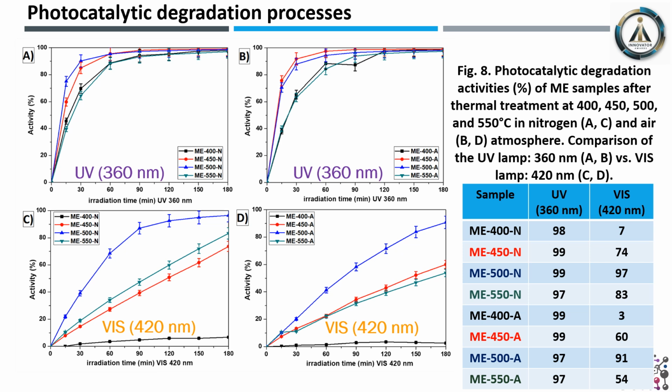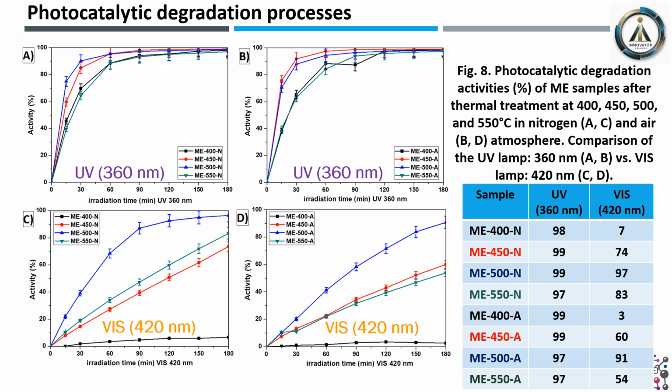And it is noteworthy that it is the first instance of a straightforward approach that is scalable, cost-effective, and environmentally benign in achieving metal-free photocatalysts based on graphite carbon nitride compounds derived from melamine.